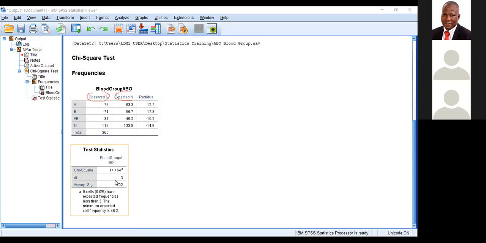So the residual is the difference between observed and expected. If you see, it's 0, observed minus expected. And that is the one you square and then divide by the expected in your calculation. Okay. So, any question on that? Any other question?